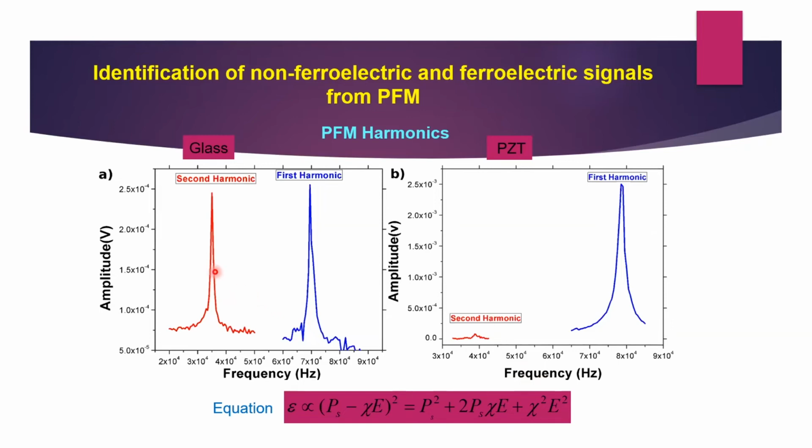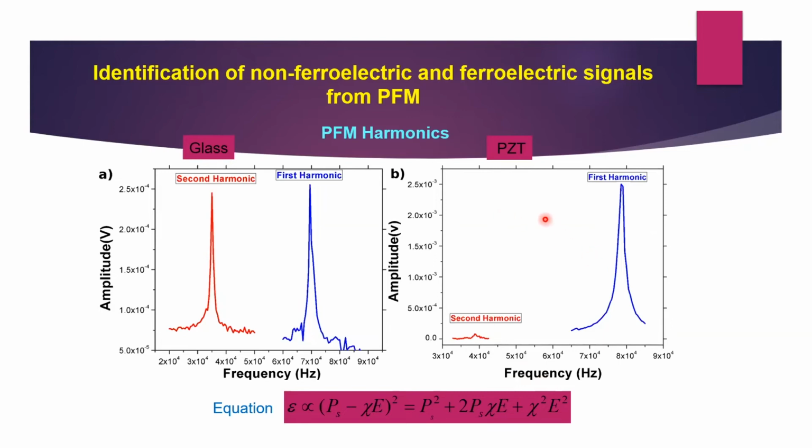If you obtain a signal in the second harmonic similar to the first harmonic, the signal that you measure is not ferroelectric, and this is glass. This is a non-ferroelectric material.